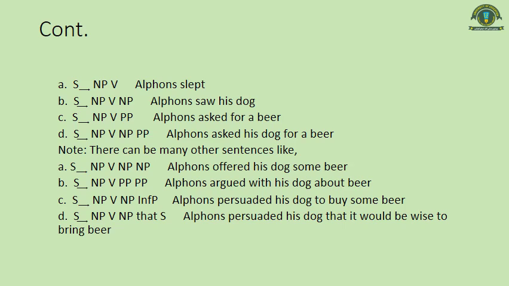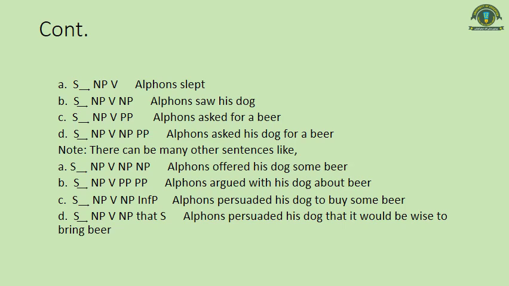So, of course, sentences like Alphonse offered his dog some beer. Under this sentence, the S is made up of noun phrase, verb, and then noun phrase and again followed by another noun phrase. So, S is followed by NP, V, NP and again another NP.